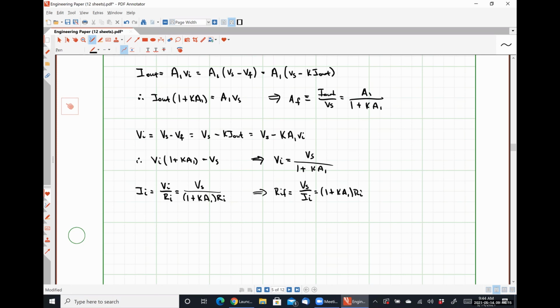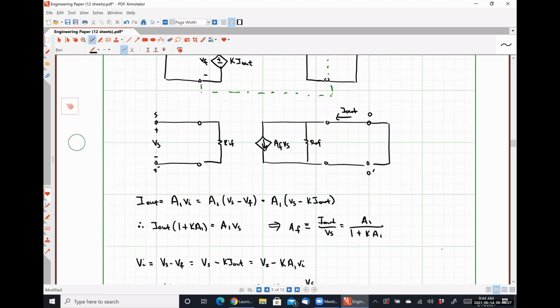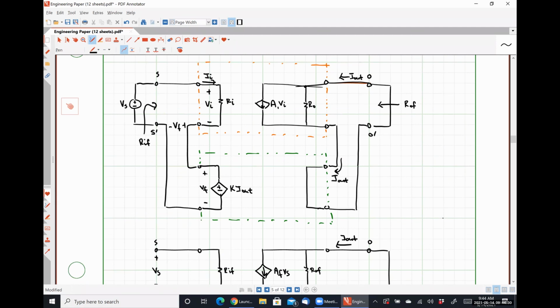To determine R_oF, we have to set VS equal to 0 and apply a test voltage between the output terminals. So we're going to set this guy equal to 0, and replace this guy with a test voltage Vx.